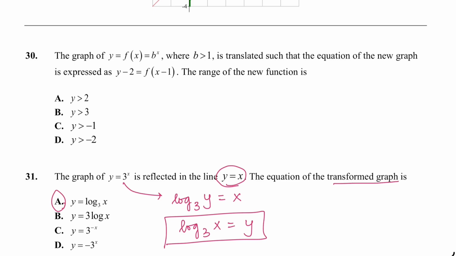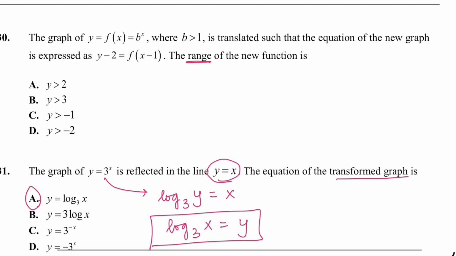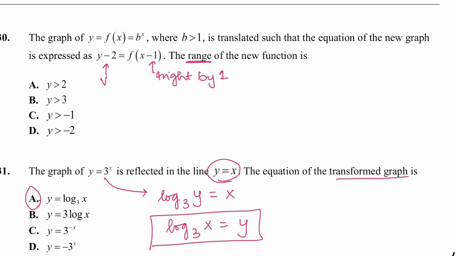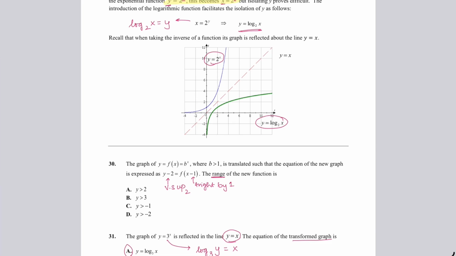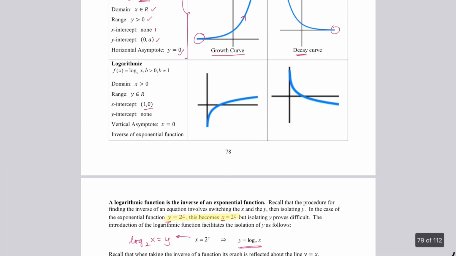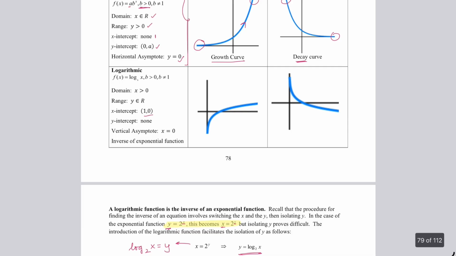Let's look at question 30. So the graph is given to you where b is greater than 1. That means we're talking about growth, and it is translated such that the equation of the new graph is expressed as such and such. Find the range of the new function. So when we're talking about the range of an exponent, looking at the graph we can figure it out, but let's look at the transformation first. So y minus 2 tells us the vertical shift is up by 2 and the horizontal shift is right by 1.